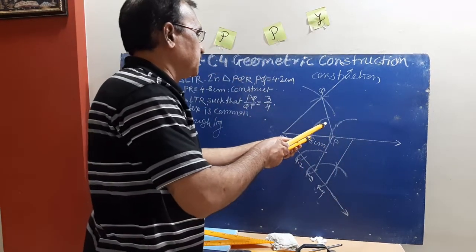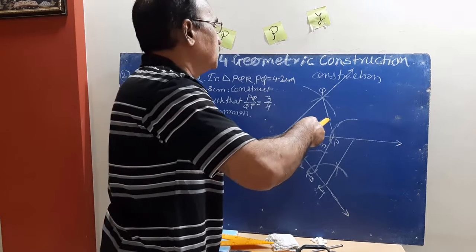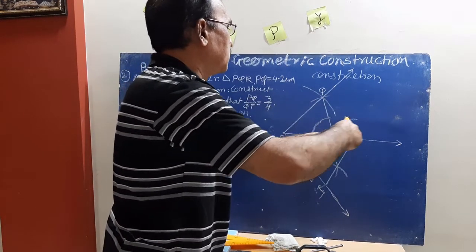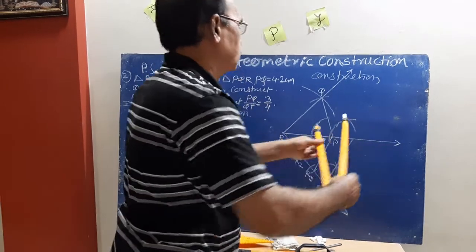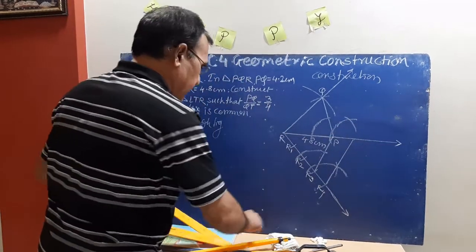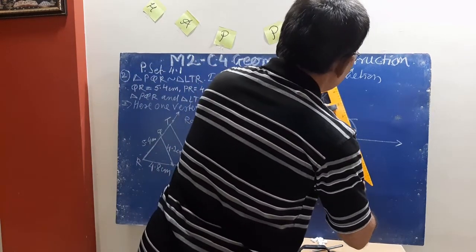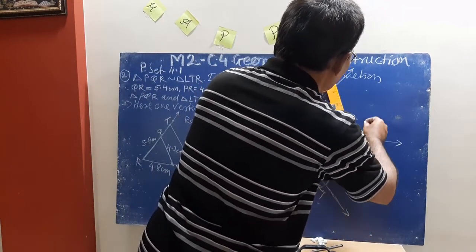Again take the distance between these 2 points, see carefully what I am doing here. Then put the pointer here. If we join these 2 points, this is parallel to PQ.